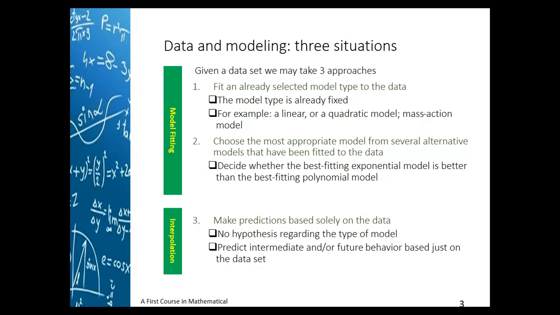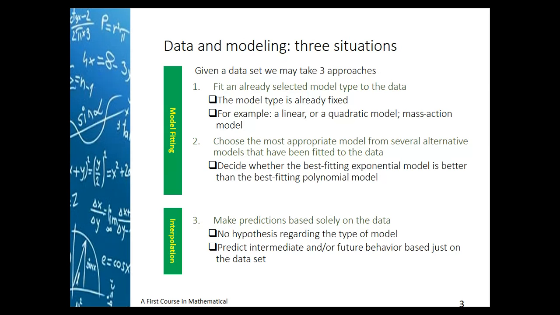Another way, you choose the most appropriate model from several alternative models. You want to see whether your exponential model or log model fits, especially with polynomials, if you want to smoothen your data representation a little bit. Sometimes you can play around with polynomials of power 3 or 4 or even 5, for example.